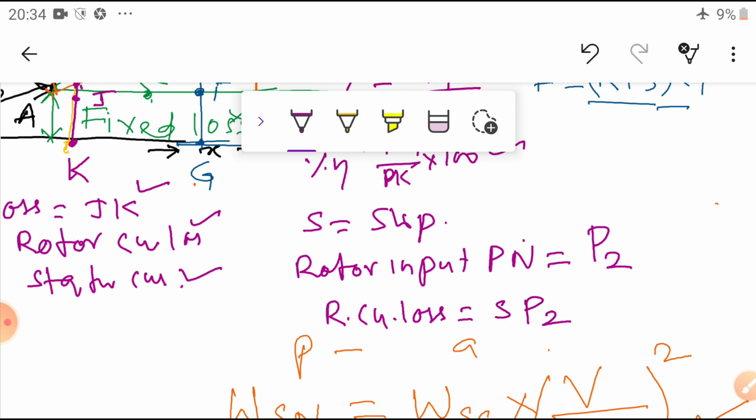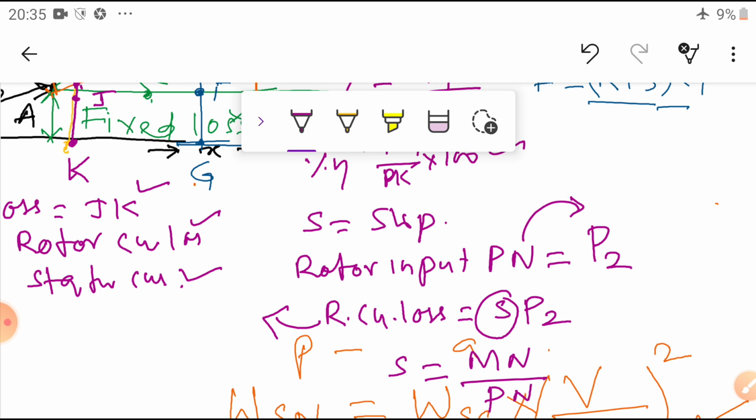I know the PN length and the rotor copper loss length, so I can easily calculate S. Full load slip is equal to MN by PN. So I can get this slip easily.